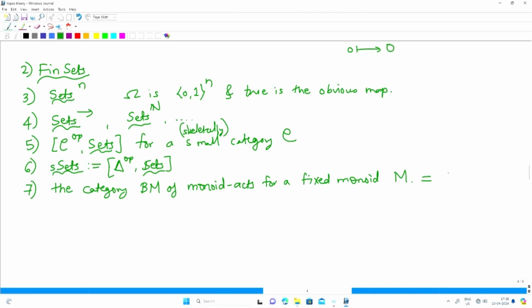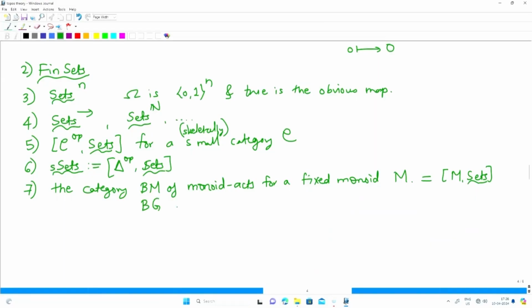This is precisely the category M-sets. And since M can be written as M op, this is an example of a pre-sheaf category. Then BG of G-sets for a fixed group G, because this is the same as G-sets. So nothing is changing.